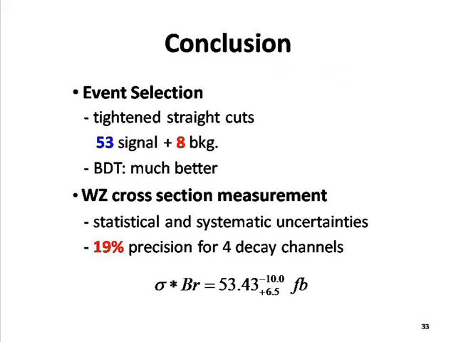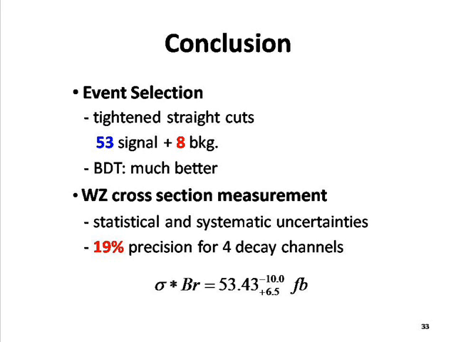Alright, going to the conclusion. In the WZ analysis, we use two methods. One is the straight cuts. After that, we got 53 signal and 8 background events. We also invited the BDT method, and the result is much better compared to the straight cuts.